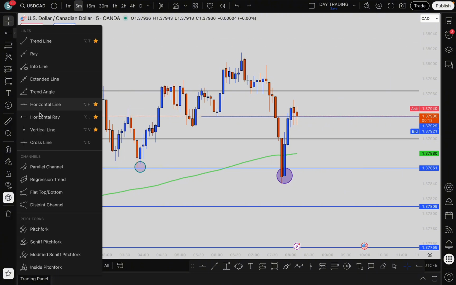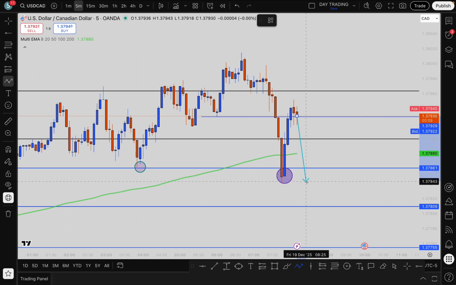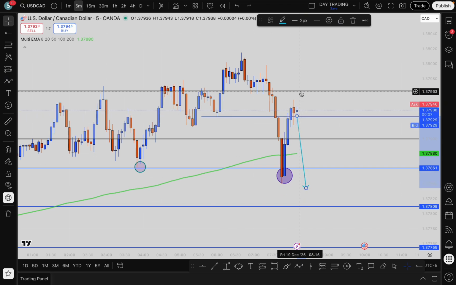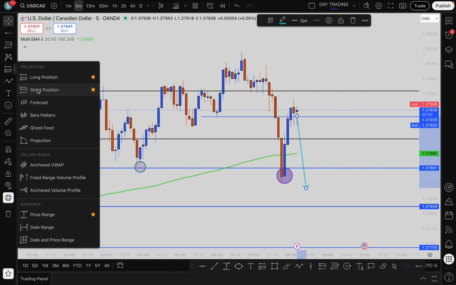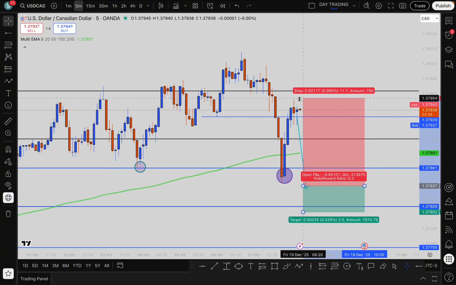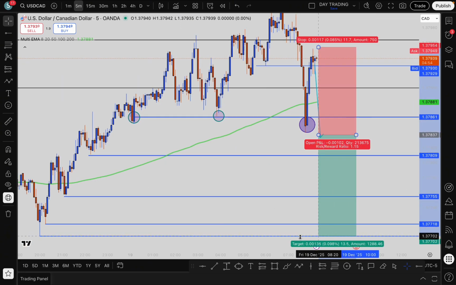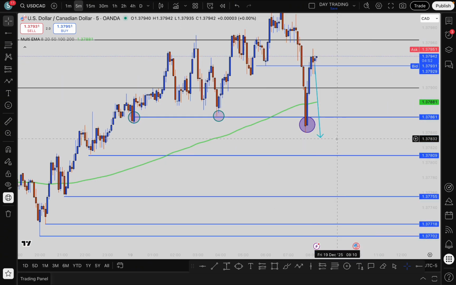Wait, where is it? We can't enter like this. That stop loss is way too wide. Look at that stop loss. Whoa. You know what I'm saying?